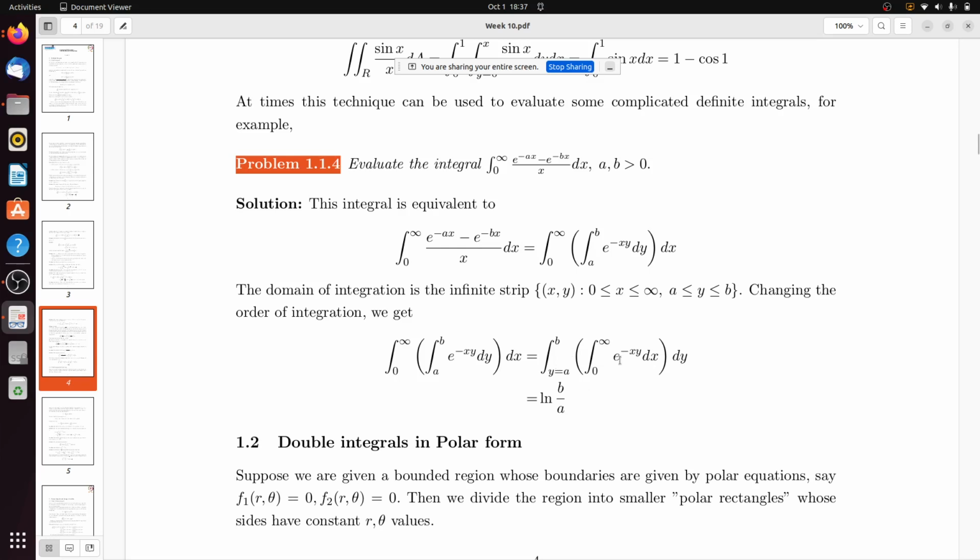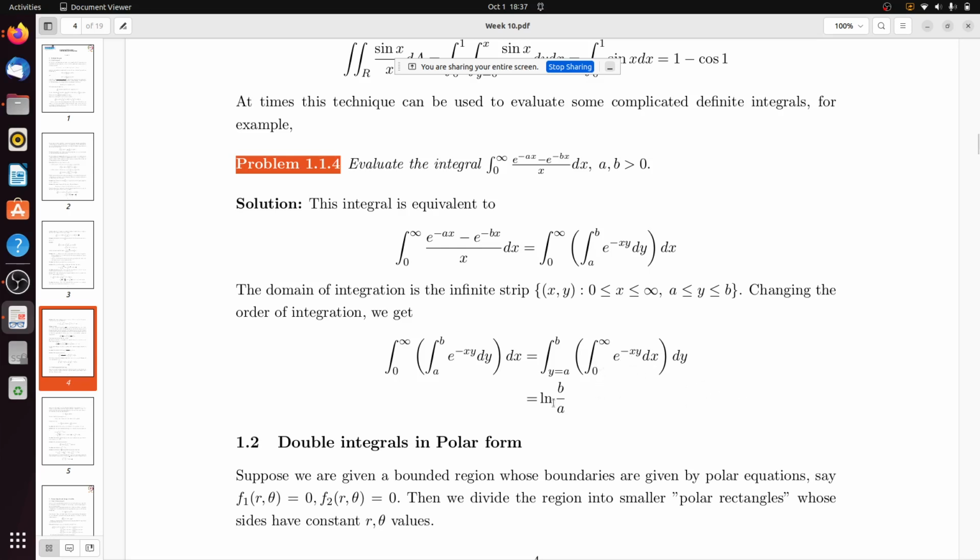Then e to the power minus xy, if you integrate with respect to x, you will get e to the power minus xy divided by minus y. If you still integrate it, I think there are some typos here.